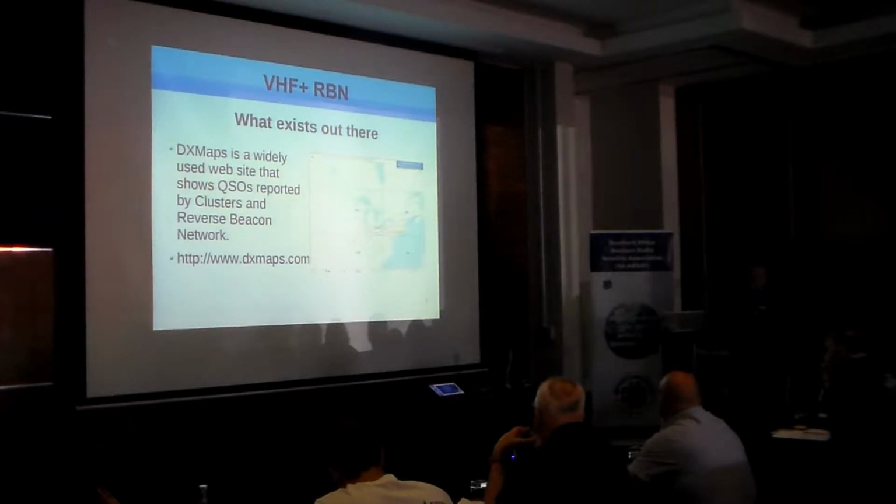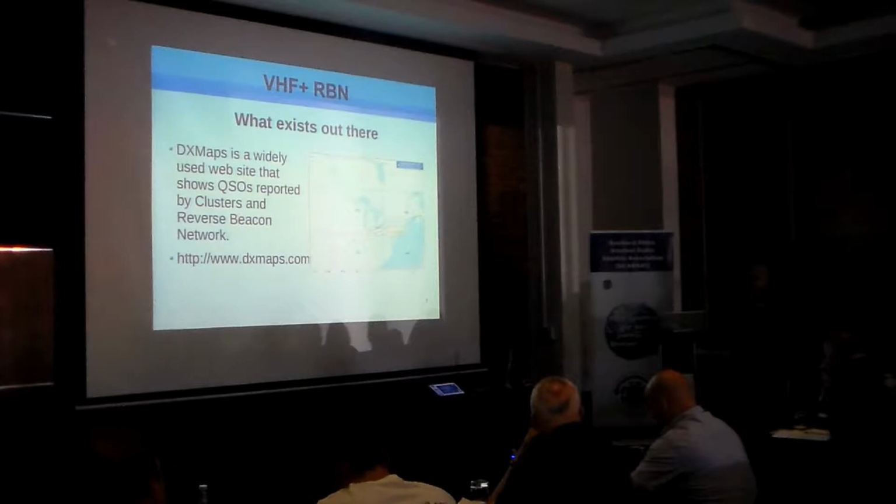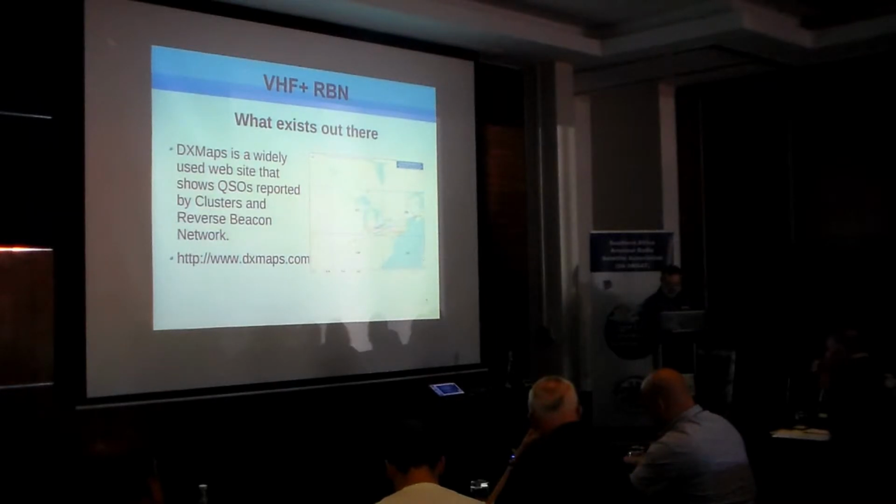The reverse beacon network takes its information and propagates it again to all the various other maps, like DX maps and so forth. It gets its information from the reverse beacon network.